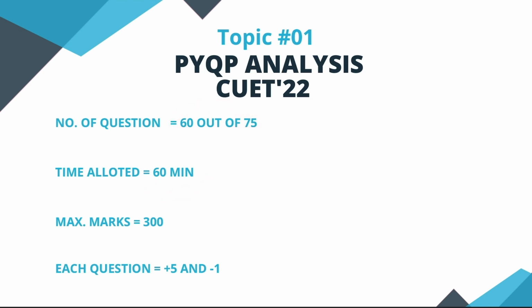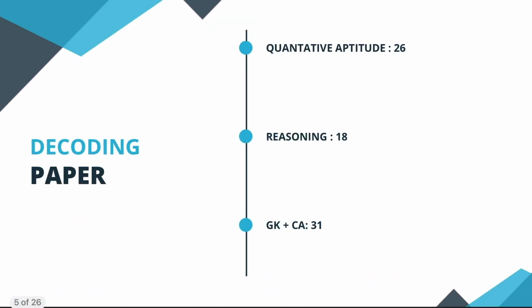The maximum marks were 300 because 5 marks were awarded for every correct answer and -1 for every wrong answer. The paper was divided into three sections: quantitative aptitude, reasoning, and GK plus current affairs.